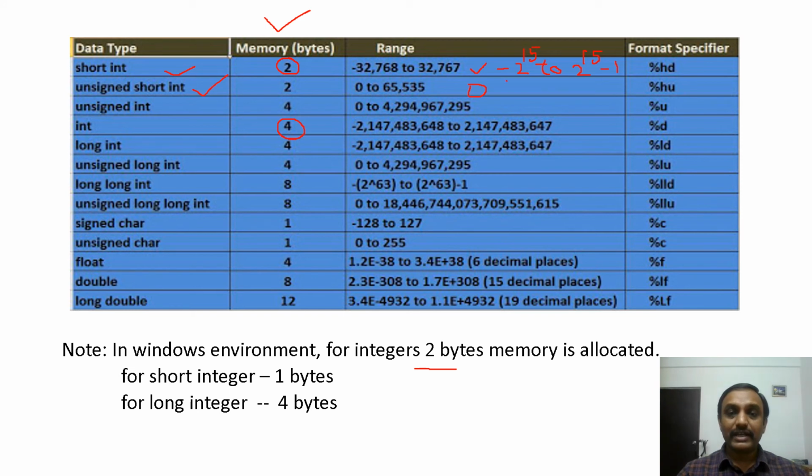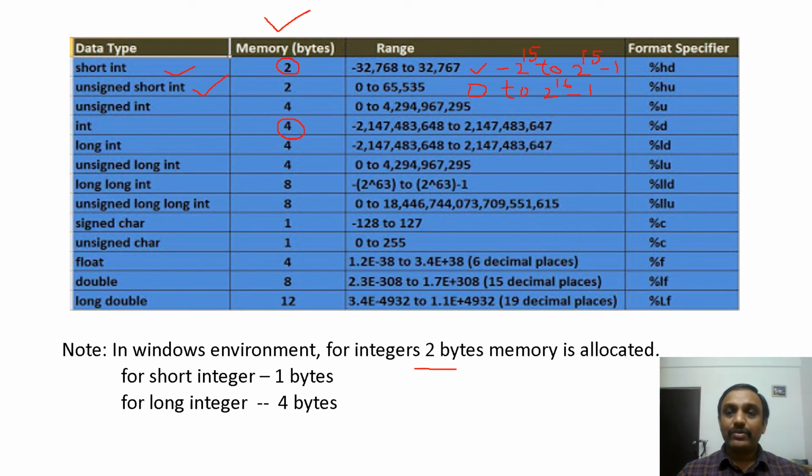How much memory is allocated? 2 bytes, which is nothing but 16 bits. So 2 power 16 minus 1. So in the case of unsigned, only positive numbers, 0 to 2 power 16 minus 1. Like that, depending on the memory, that range is allocated.